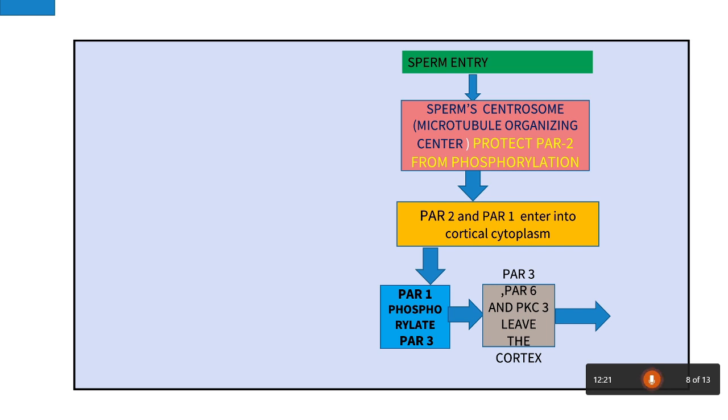So PAR3, PAR6 and PKC3 leave the cortical cytoplasm and it is occupied by PAR1 and PAR2. Then division occurs, that is, the zygote is cleaved into two cells. The cell with PAR3 and PAR6 will be anterior, and the one with PAR1 and PAR2 will be posterior.